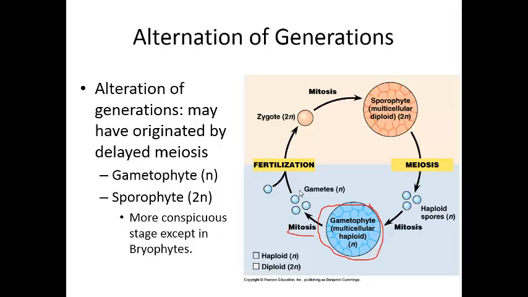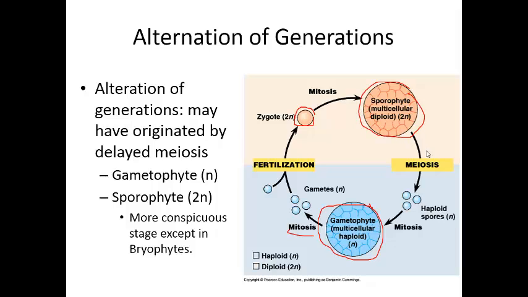The sperm will fertilize the egg and create a diploid zygote. The diploid zygote is the beginning of the next generation. It's the diploid generation, which we call the sporophyte. Through mitosis, the zygote is going to grow into a multicellular diploid sporophyte, which is a completely separate organism.